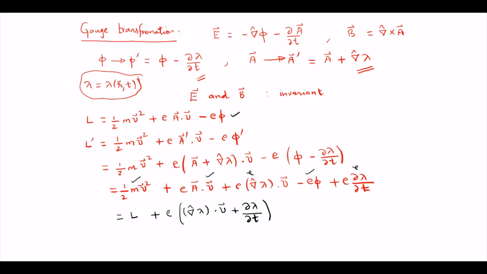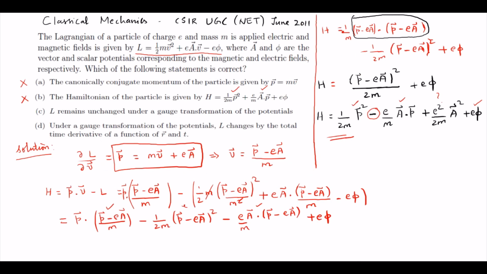So L prime is equal to L plus e times the total derivative of lambda with respect to time, okay. Therefore option C is incorrect, and option D is correct because lambda is a function which depends on r and t. So under the gauge transformation of the potentials, L changes by the total time derivative of a function of r and t.